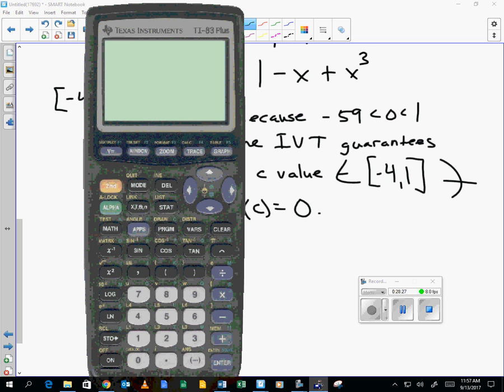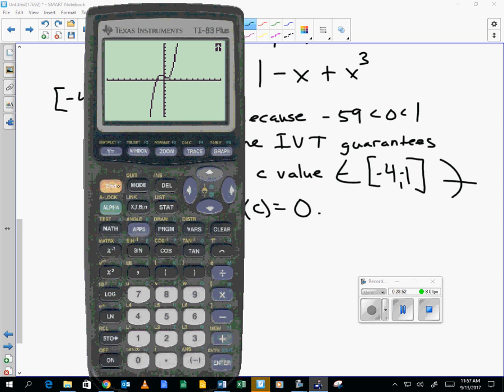Now we've said that it's going to be between negative 4 and negative 1, right? So let's look here. If we go 1 minus x plus x cubed, and I look at the graph, does that look like it crosses between negative 4 and negative 1?